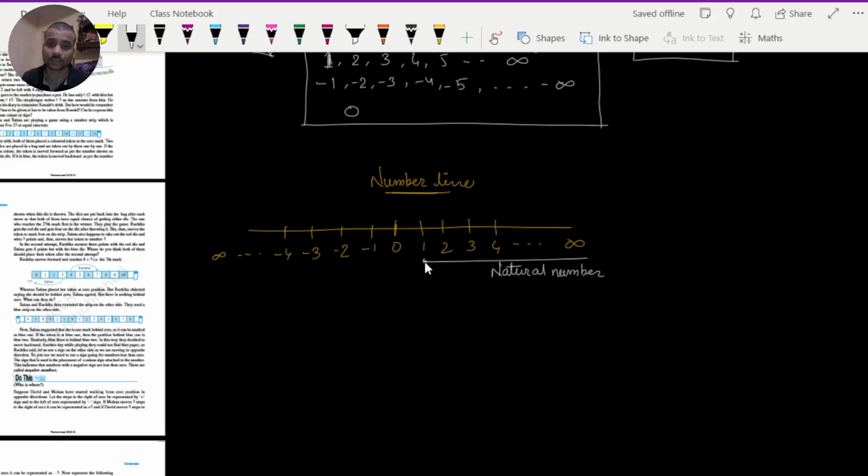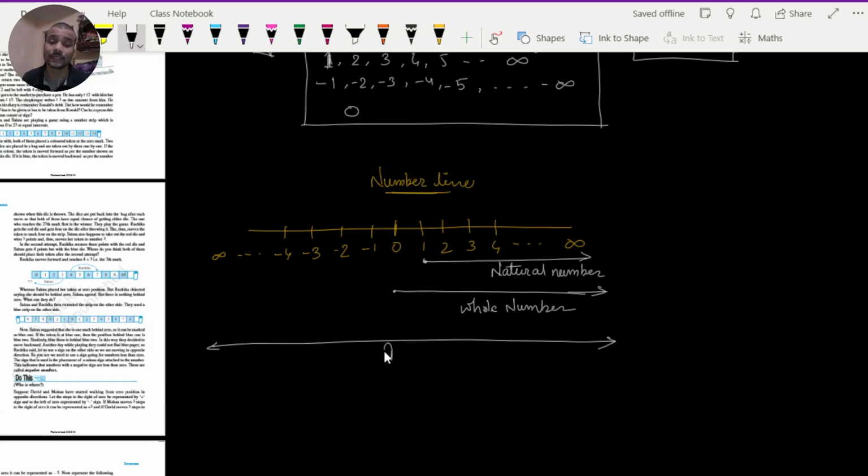If we come till here, as far as you can go will be called whole numbers, and when we add all, this will be called integers. In short, integers are denoted by italic I. So this is integers. I hope you understood well here.